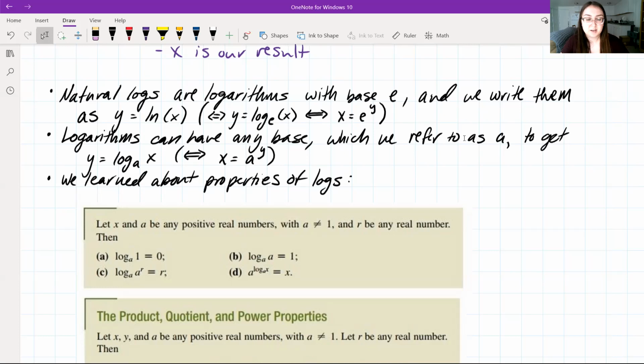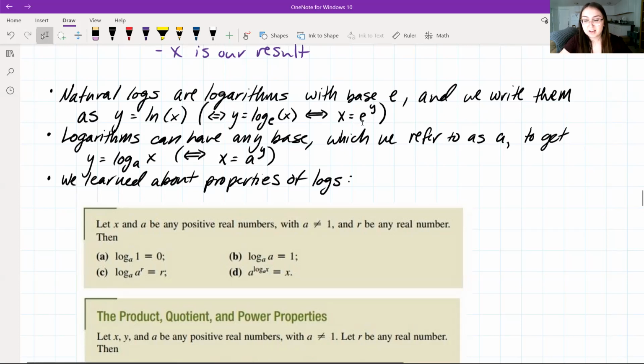The natural log will never have a base written, because y equal to the natural log of x is technically log base e. So the natural log already implies a base e.